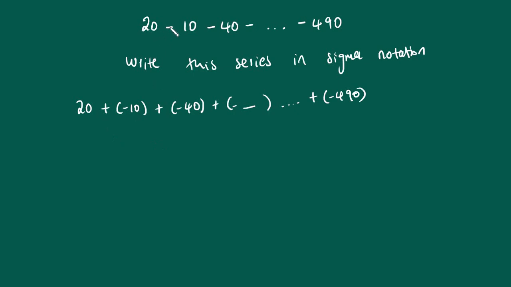Now they write it as just minus, because when you say series, you think of addition. If I say a series, you must be thinking about addition, because we are adding the terms in the sequence. A series is when you are adding the terms.